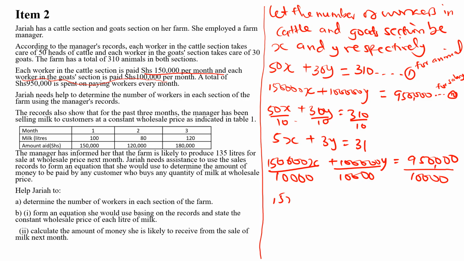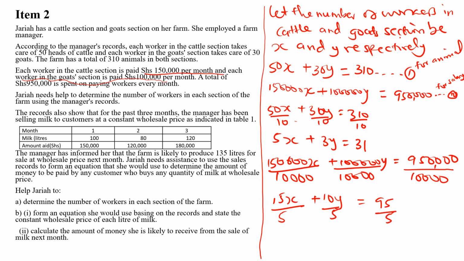So here we get 15x plus 10y is equal to 95. So divide by 5 throughout so that you can deal with simpler numbers.